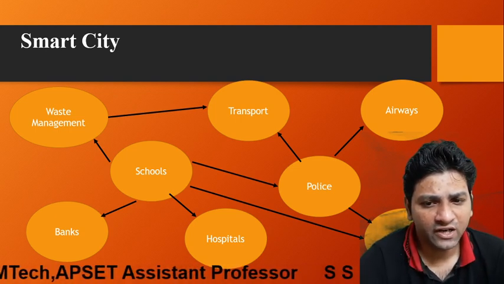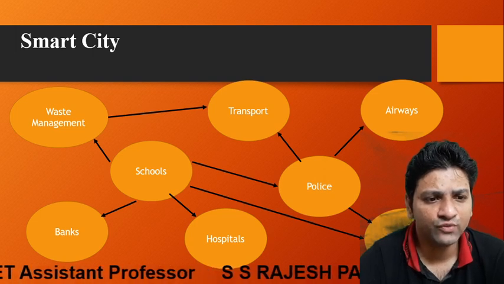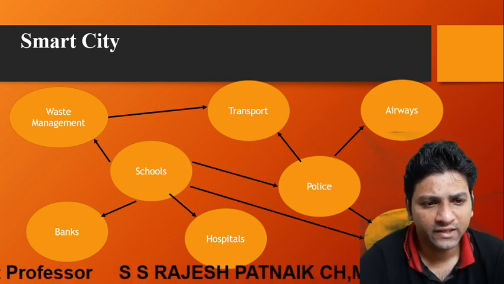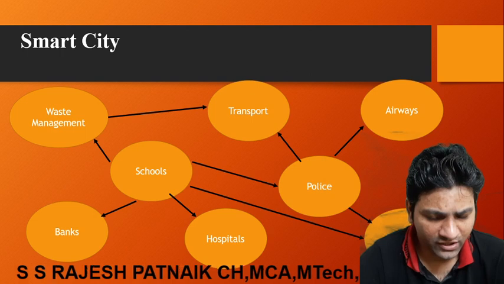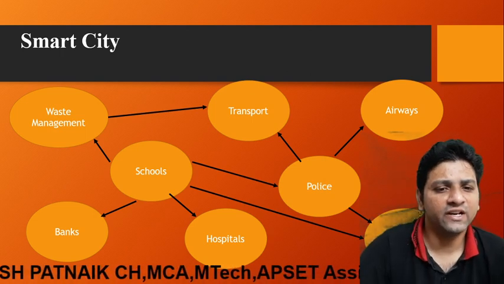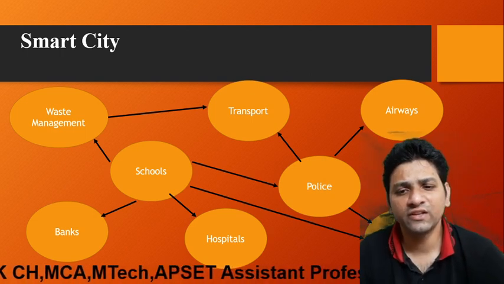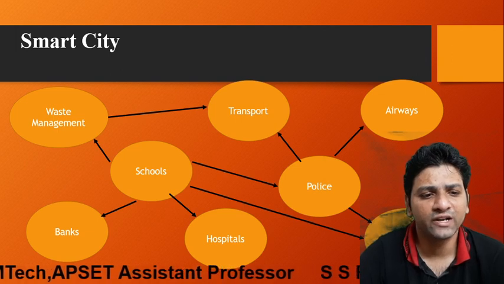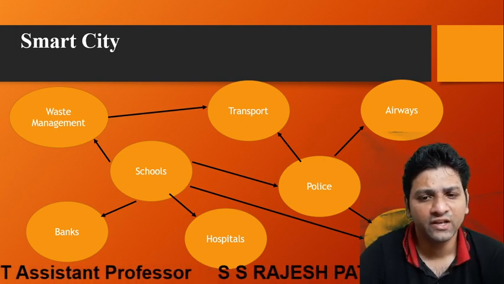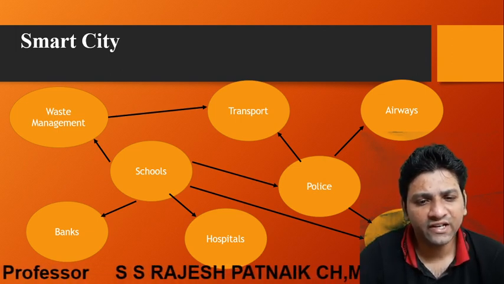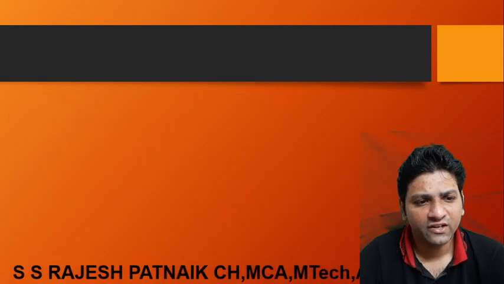Nowadays there are different types of ERP software provided by different organizations and industries. So in a smart city, there are different types of elements, and each element interacts with each other.